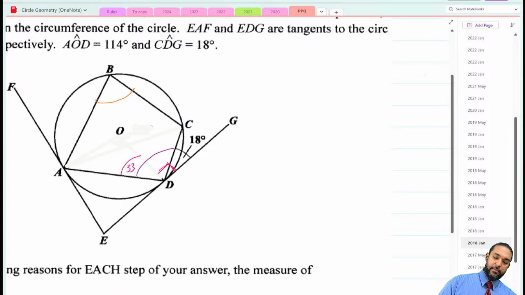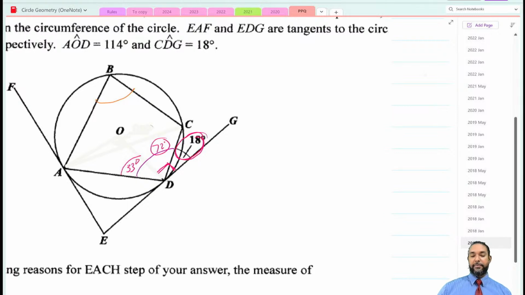This piece here is 18. 90 minus 18 is 72 degrees. So we add 72 and 33 and get 105. And then 105 from 180 gives us 75.